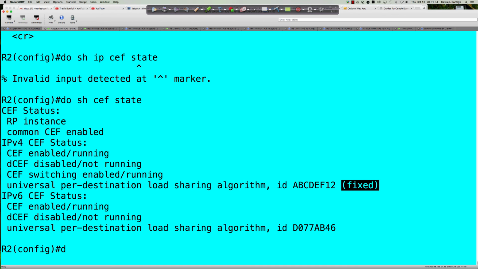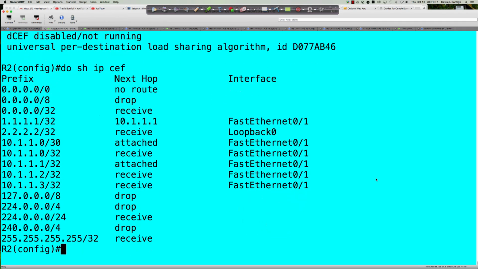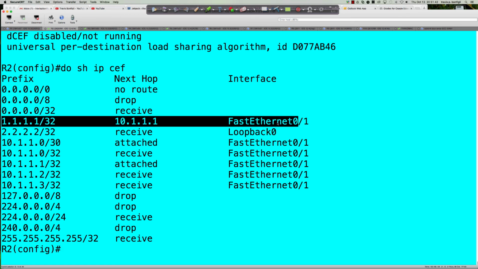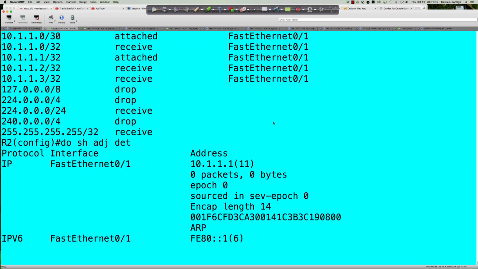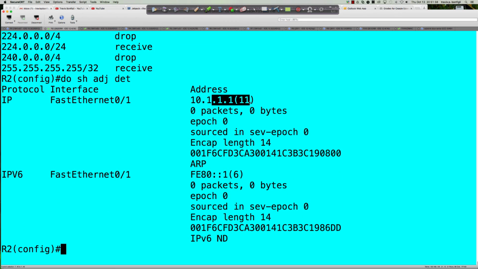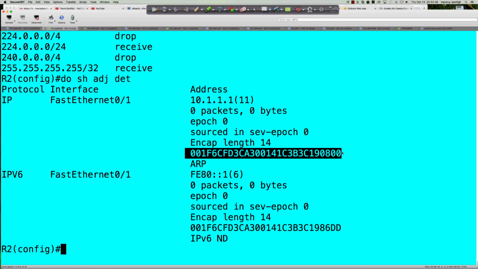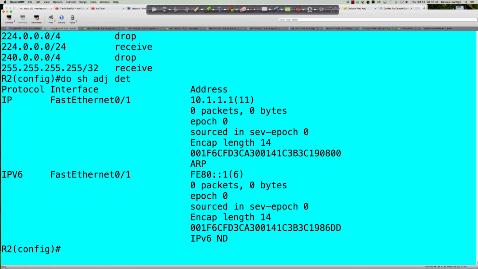If we see the entry we're looking for in do show IP CEF, let's say in the case of 1.1.1.1, there is our layer 3 information, right? That next hop reachability information is there. Then CEF says, okay, I already have this pre-canned in do show adjacency detail, and I know that to get to this next hop out that interface, this is my source and destination MAC address, along with the protocol, IPv4.